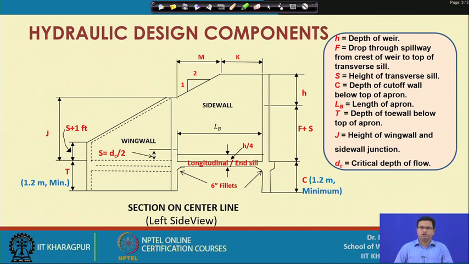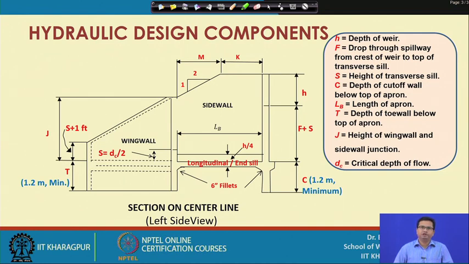This figure shows the left side view of the drop spillway. The different components are listed in the slide. You can see the values of T and C, the depth of the cut-off wall and toe wall, which should be a minimum of 1.2 meter.